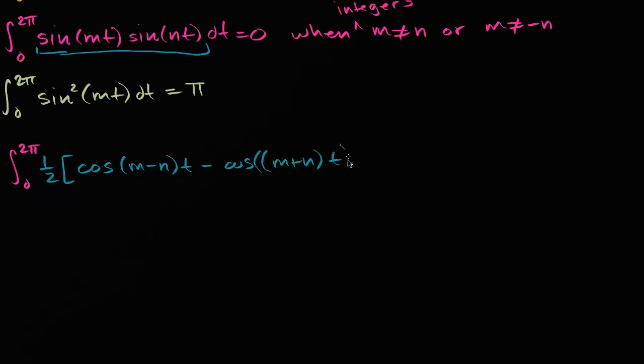And actually, let me put parentheses around these whole things so it's more clear what's going on. This right over here is just the product to sum formula when you're taking the product of the sine of two different things here. And of course, this is going to be dt.